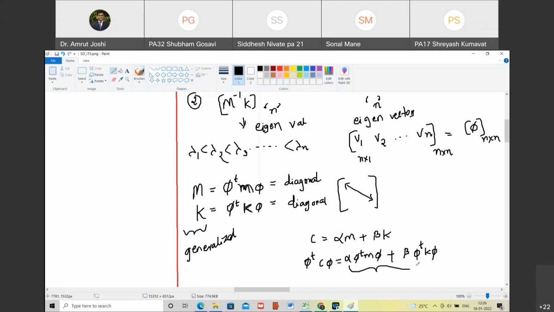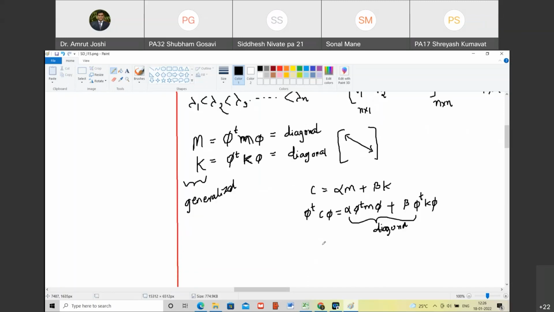This matrix also will be diagonal because it is a summation of two diagonal matrices. Agreed? Yes, sir. So phi transpose C phi is also diagonal, and this matrix we denote by capital C, which is the generalized damping matrix. Happy?